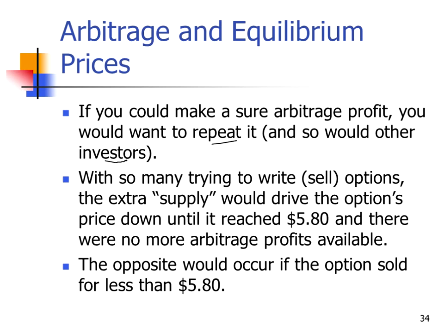And then they'll also start writing, and because of competition, that difference will go away. With so many trying to write or sell the option, the extra supply would drive the option price down until it reaches the fair value, which is 5.80, and there would be no more arbitrage profits available. So then you'll have to find something else where you can find the arbitrage. The opposite would occur if the option sold for less than 5.80. So it's a continuous process.